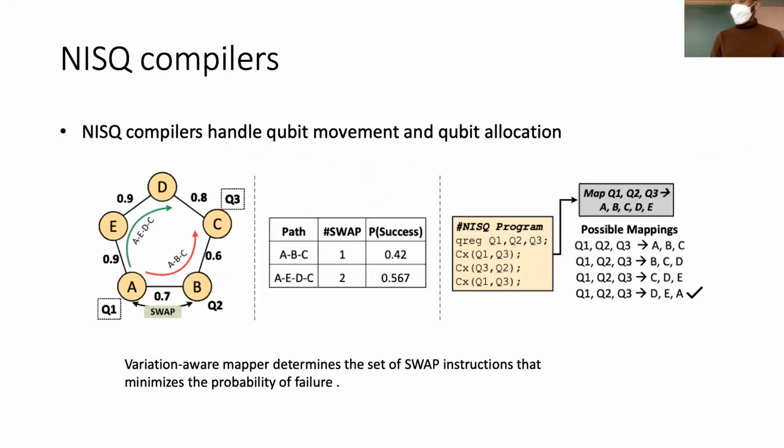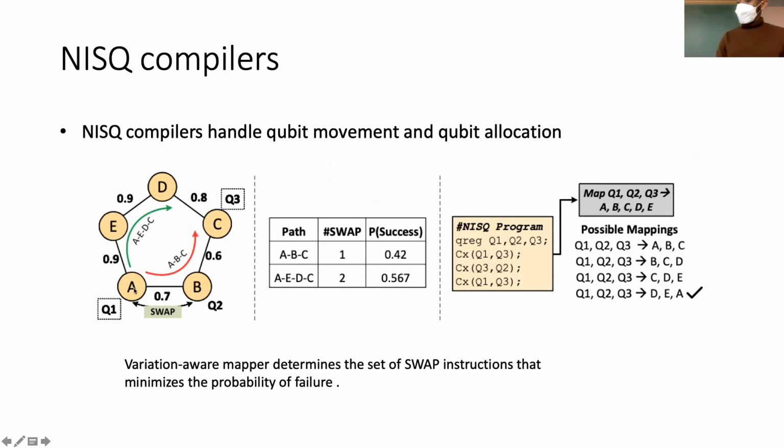Let's imagine a hypothetical 5-qubit quantum computer, and we want to apply a 2-qubit operation on Q1 and Q3. There are two ways of moving the information on qubit A. The first is to bring it to D and then apply the 2-qubit operation.